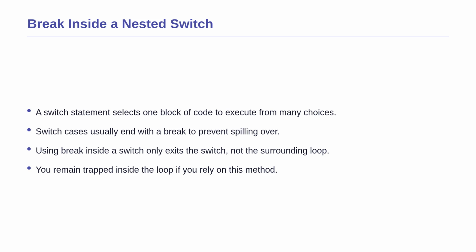By design, every switch case usually ends with a break to stop it from spilling over into the next case. However, if you want to exit the surrounding loop from inside that switch, the break statement will not work as you expect. It will only exit the switch statement, leaving you still trapped inside the loop. We will need a different technique for this.